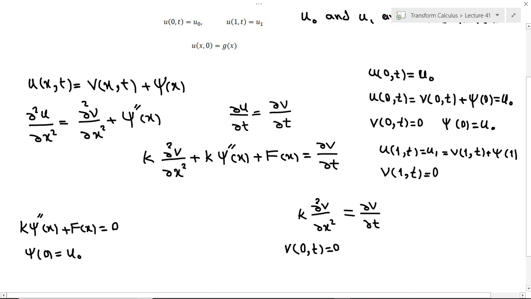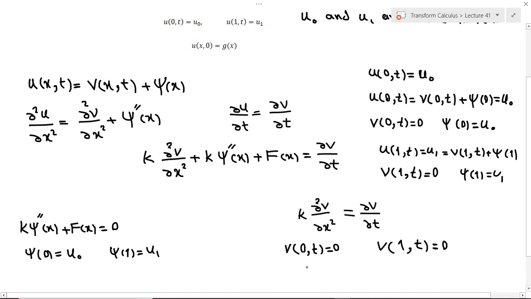Because I want to make a homogeneous boundary condition, and I assume that psi 1 is equal to u1. So again, here we have v of 1 and t is equal to 0, and psi at 1 is equal to u1.